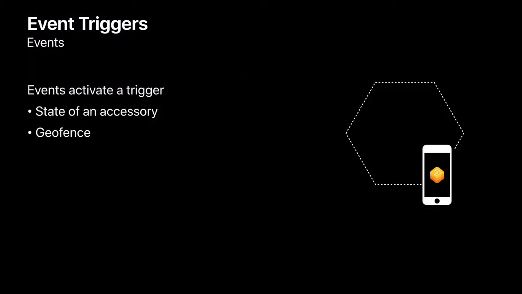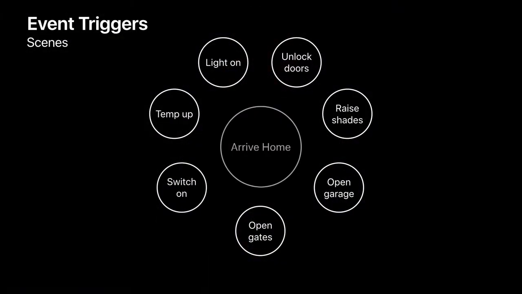Second, we support when a device enters or leaves a geo-region. And when an event fires and the event trigger activates, it executes one or more scenes. And a scene is comprised of one or more actions, such as unlocking my door or turning on my lights.